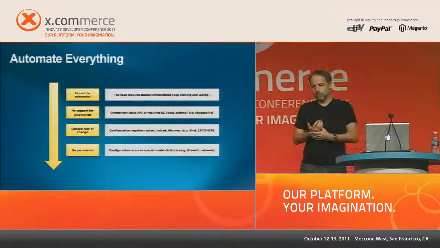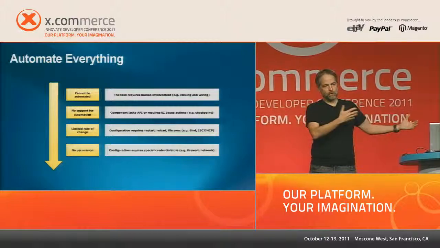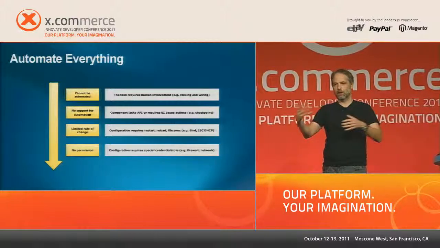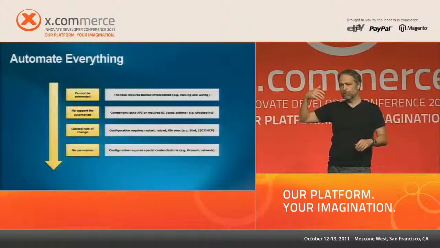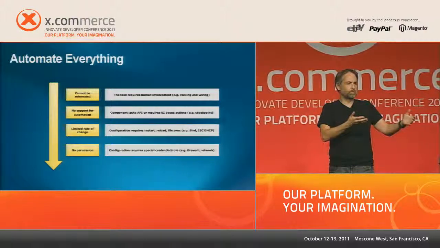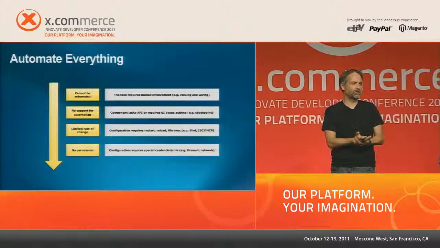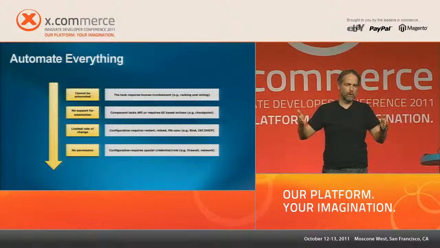So what problems did we have also? When we tried to automate those 10 years of legacy applications that we built over time, we found that there were components, or steps in our processes, that could not be automated. Obviously, if you are racking and wiring servers, you cannot really automate that.